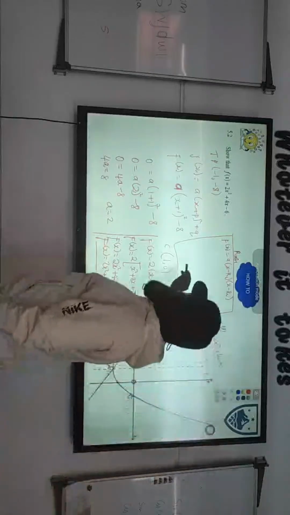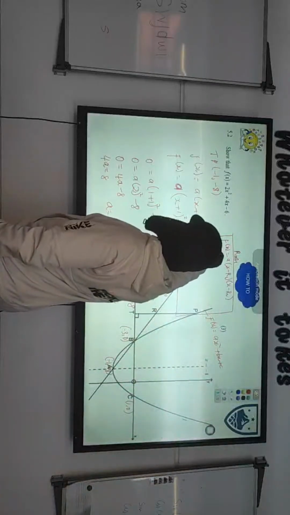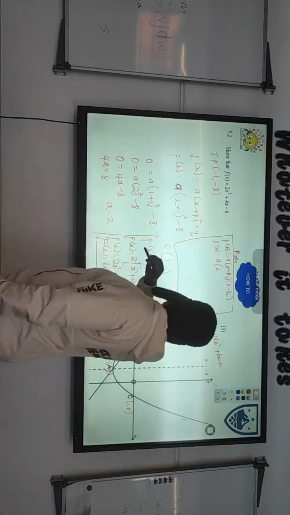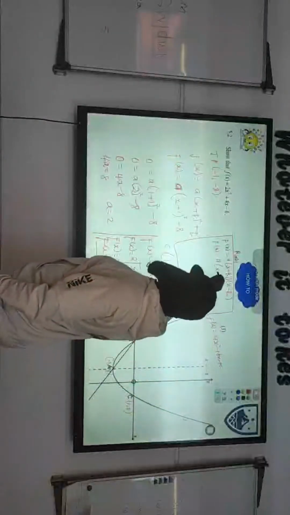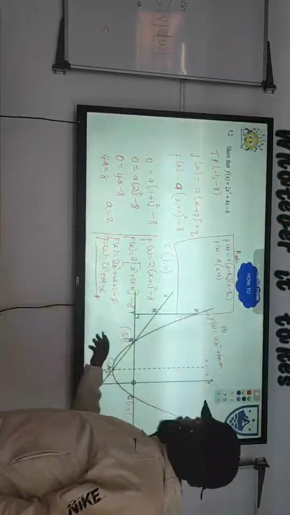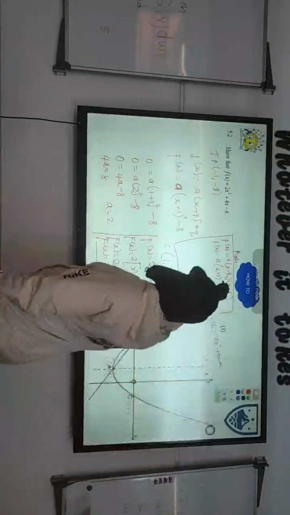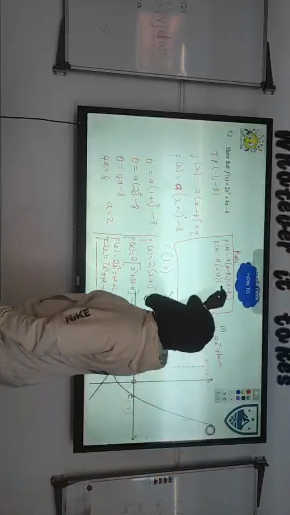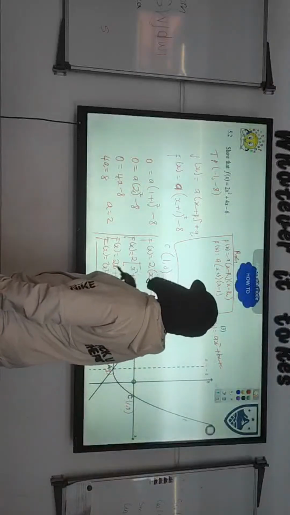So your f at x will simply be a, then x plus 3, because it was negative. Remember it's minus r1, so it's going to be positive. And this side is going to be negative: x minus 1.